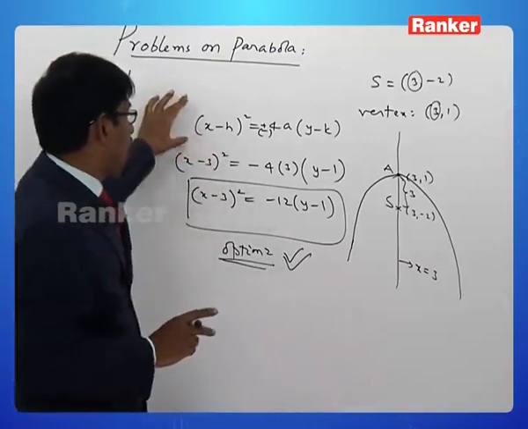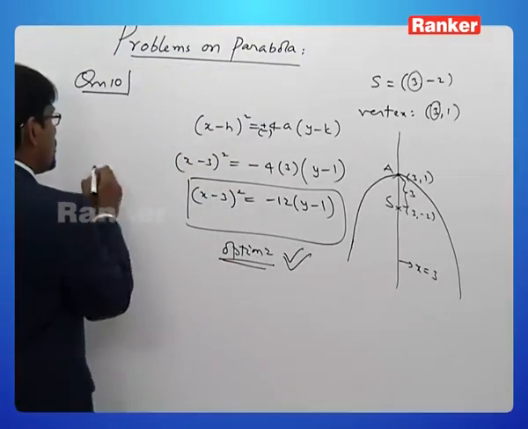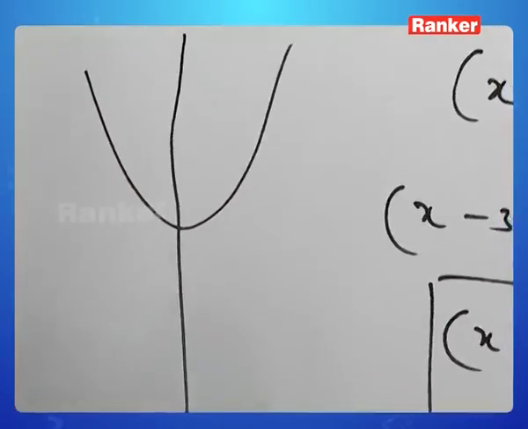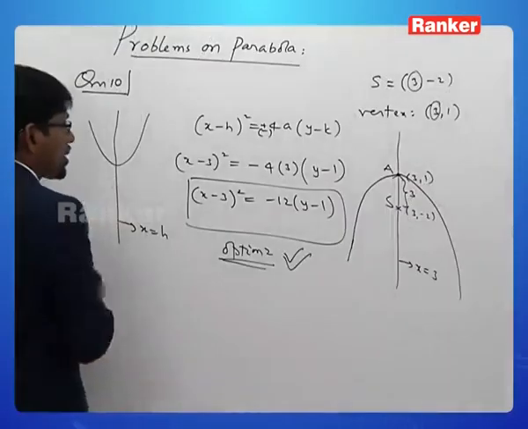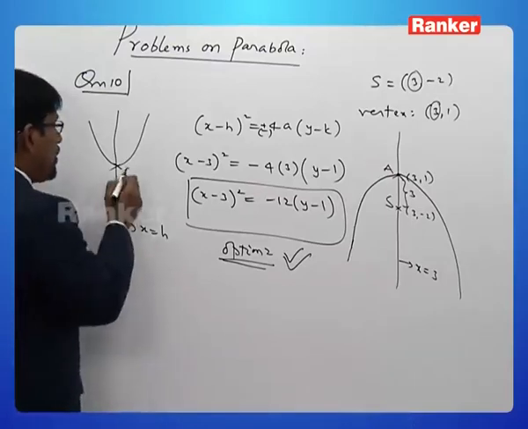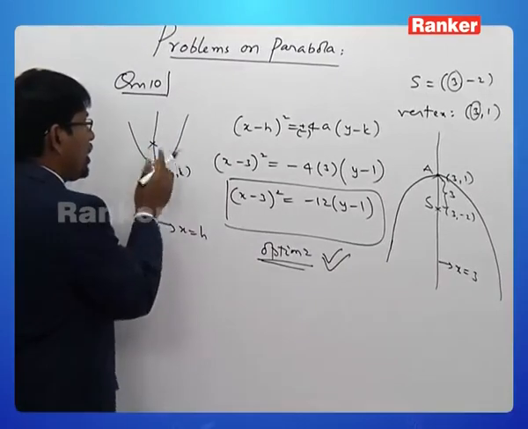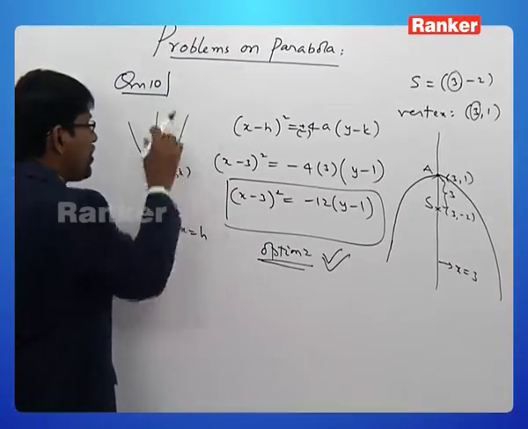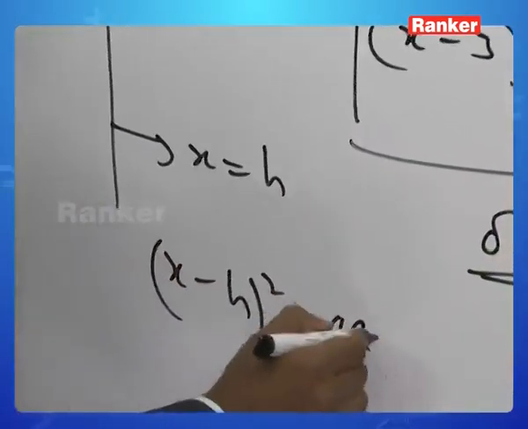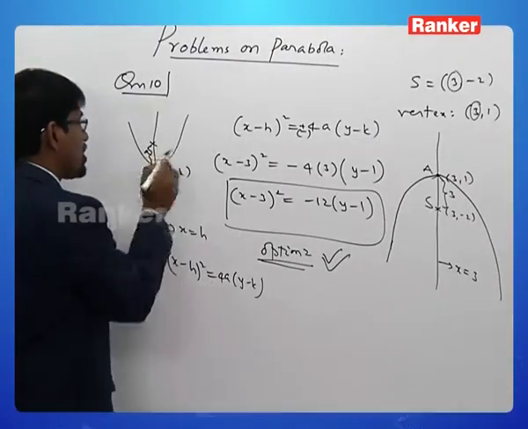The point that we need to know is that when the vertex is (h, k) and the axis is x = h, a vertical axis, and suppose the focus is above the vertex, then the equation is (x - h)^2 = 4a(y - k), where a is this distance.